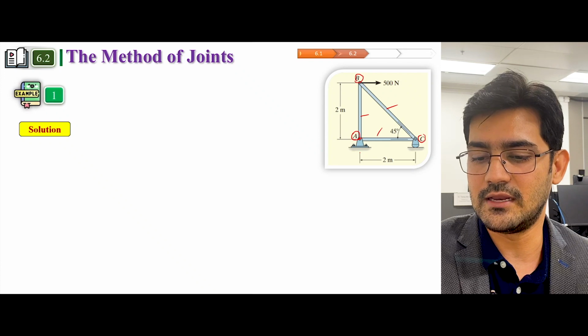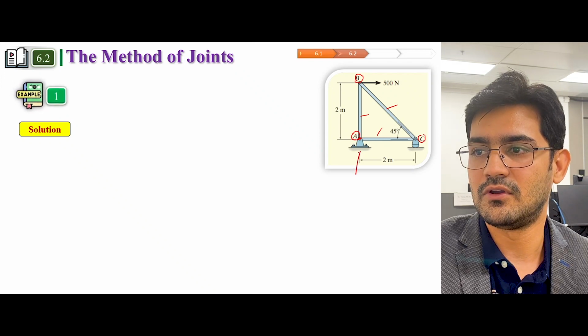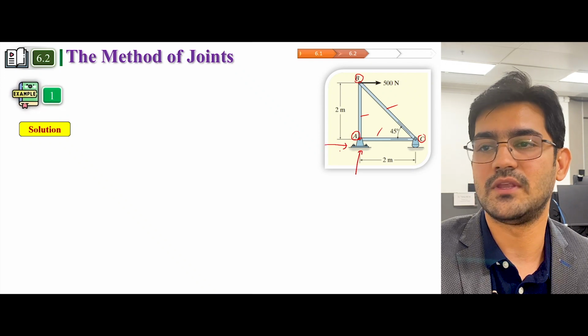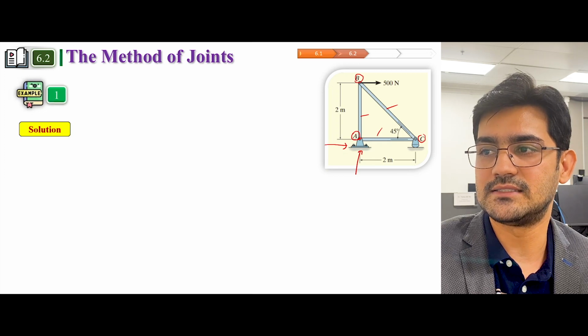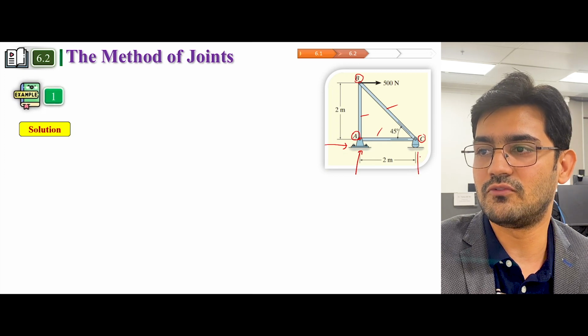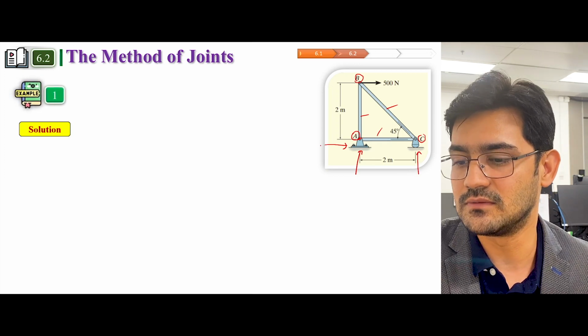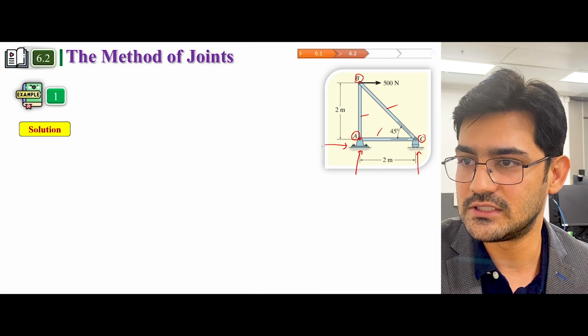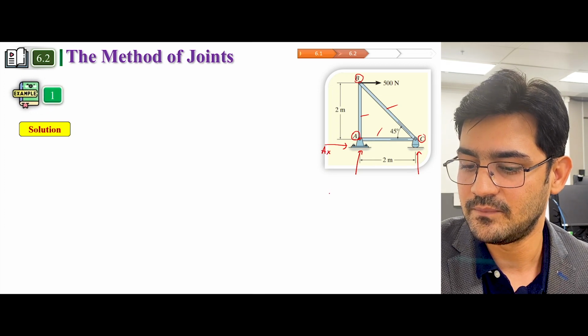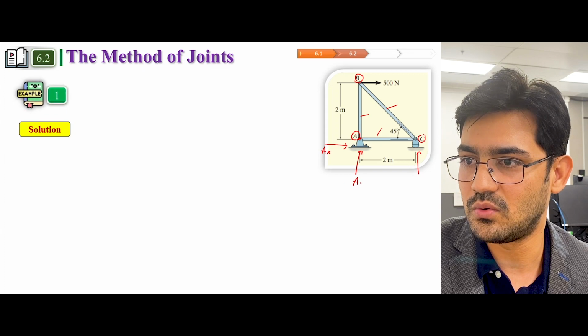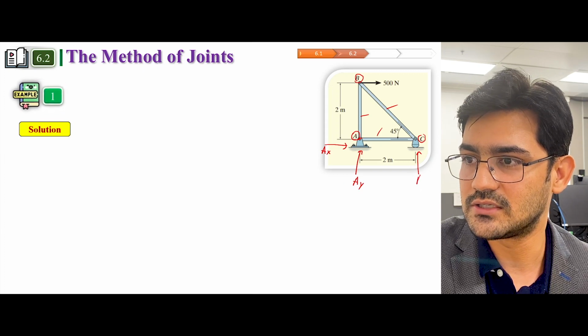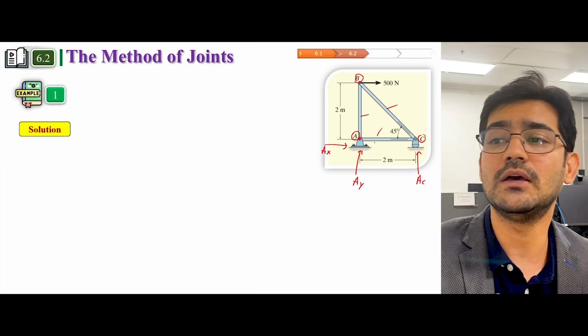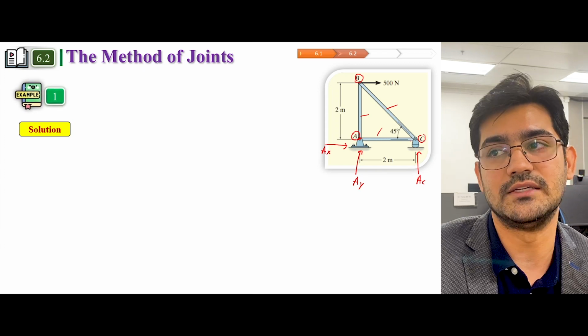So we know that in pin support we have two kinds of reactions, and this at C is a roller support. So we know roller has one reaction. So I will call this reaction AX, I will call this reaction AY, and I will call this reaction AC. Now there are a lot of unknowns at A also, at C also.